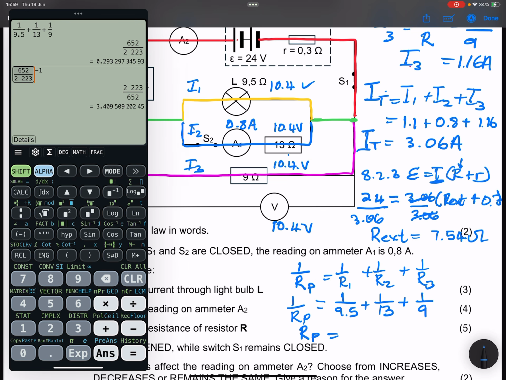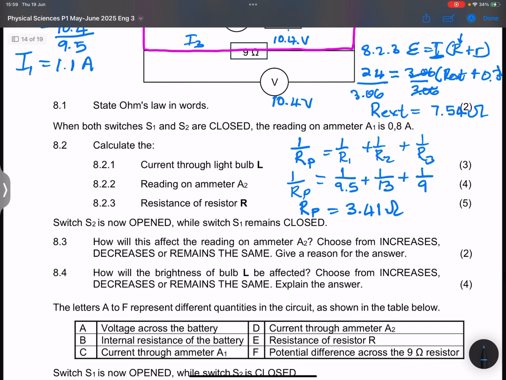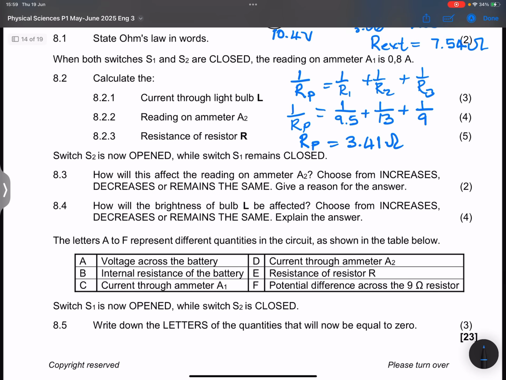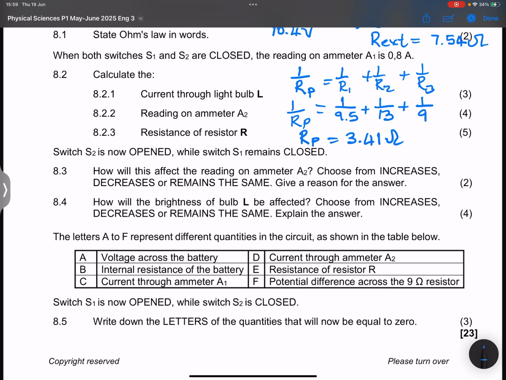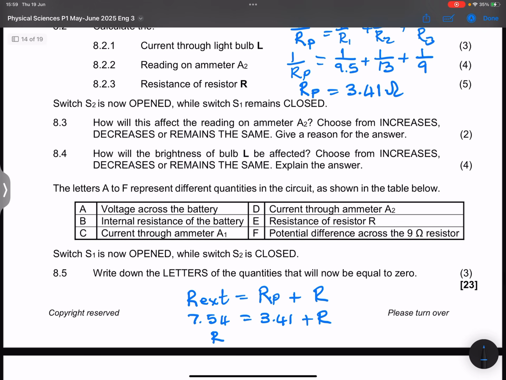This is 3.41 ohms. But remember, what did we say? R external is 7.54. So that means, okay, I don't have a lot of space there, but I'm going to do it over there at the bottom. So R external would be Rp plus the resistor R. So I've got 7.54, which is 3.41 plus resistor R. And what will that give resistor R?